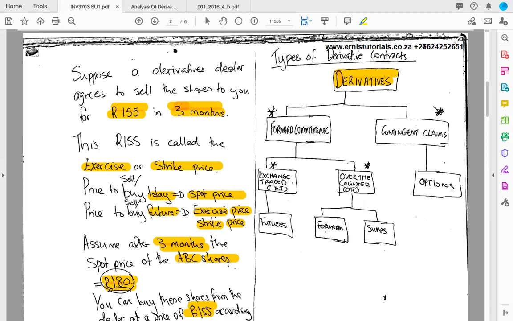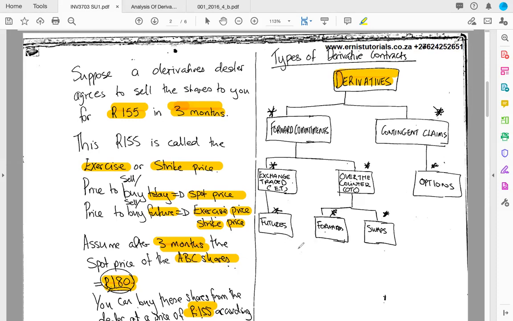And then these over-the-counter forward commitments can be divided into forwards and also into swaps. And these exchange traded forward commitments are known as futures. And then these contingent claims are known as options.